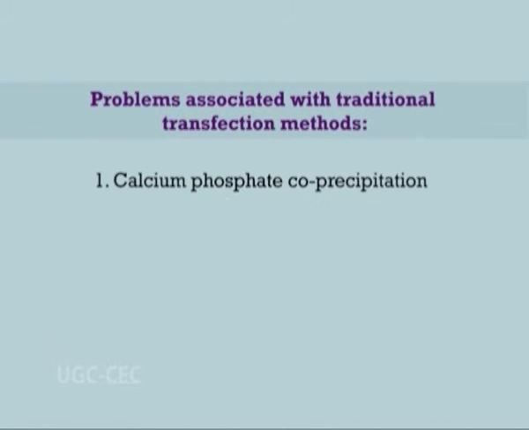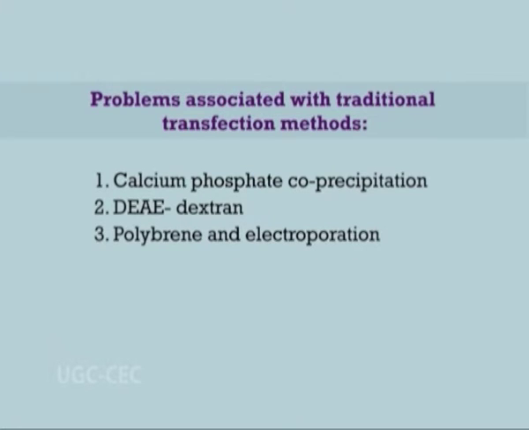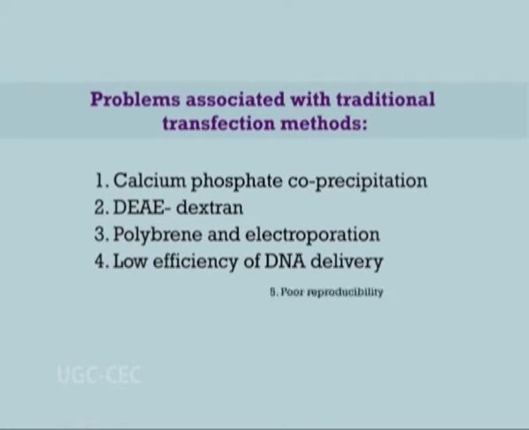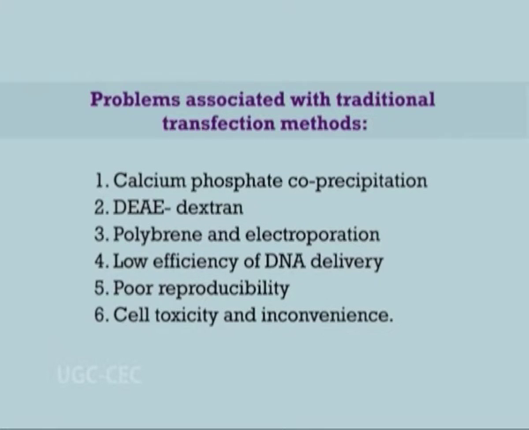The transfection reaction is commonly performed under aqueous conditions. Some of the problems associated with the traditional transfection methods like calcium phosphate co-precipitation, DEAE-dextran, polybrene and electroporation include low efficiency of DNA delivery, poor reproducibility, cell toxicity and inconvenience.